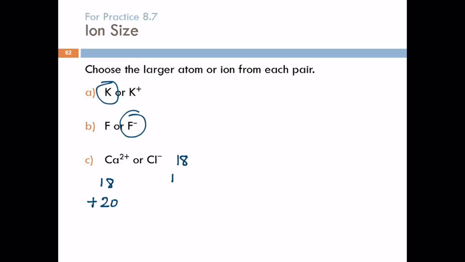And for chlorine, it's plus 16. So which is going to have a larger attraction for those outer electrons, plus 16 or plus 20? Plus 20. Stronger attraction for the electrons. Is this going to be bigger or smaller than the chloride? Smaller. The stronger attraction pulls them in, so the chloride is bigger.